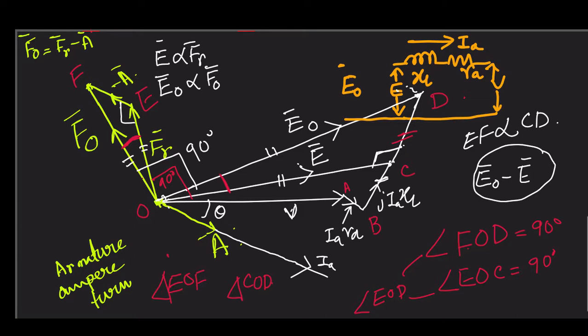Therefore, this CD, being collinear with this CB, is also perpendicular to IA.